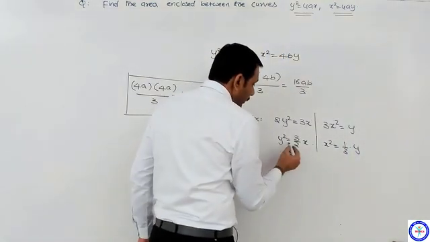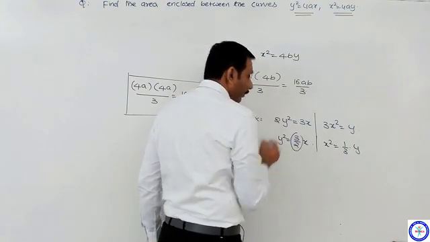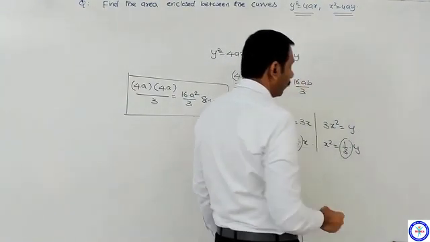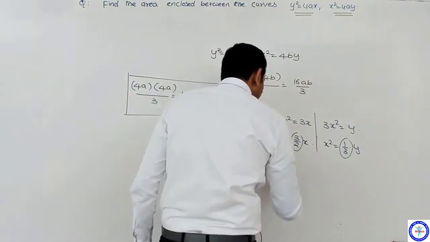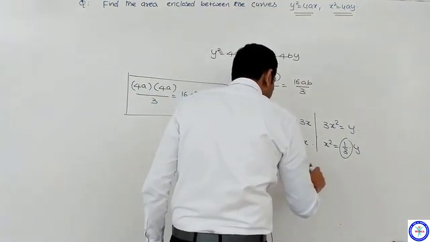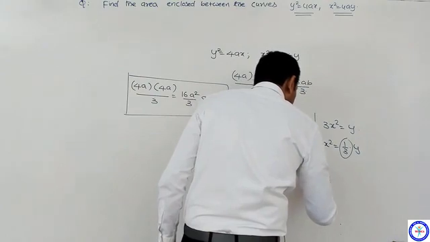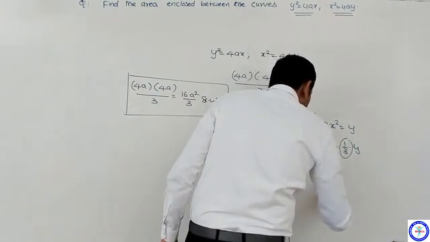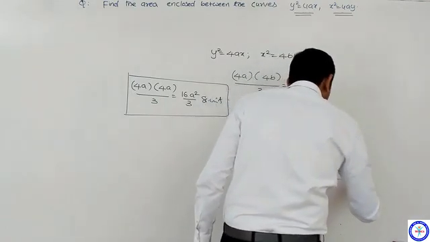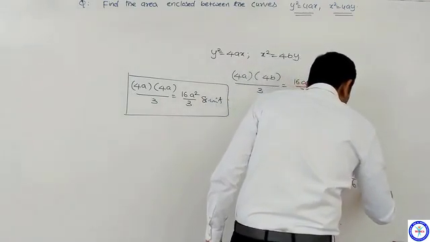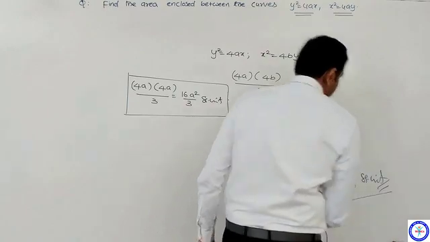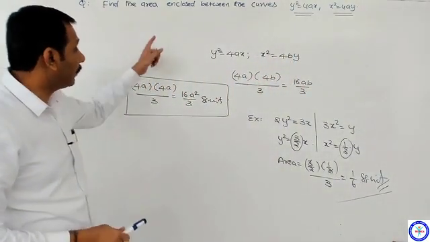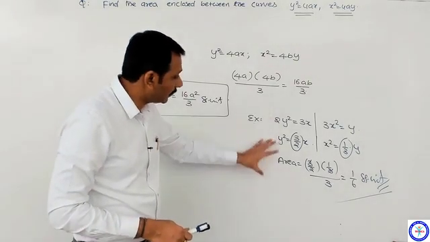Now it is in the standard form y square equal to 4ax and it is in the standard form x square equal to 4ay. Now the area between these two parabolas is latus rectum 3 by 2, latus rectum 1 by 3, by 3 square units, or it is 1 by 6 square units will be the answer. Please copy this one and also take this example.